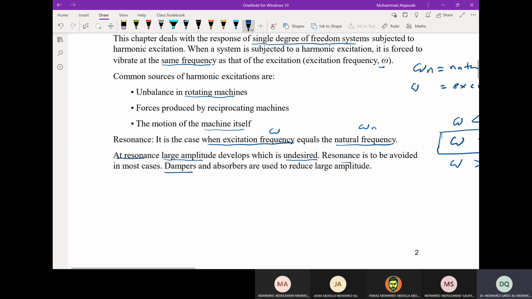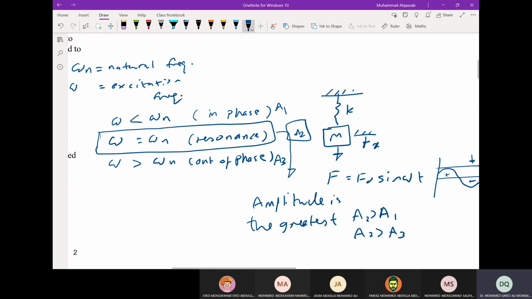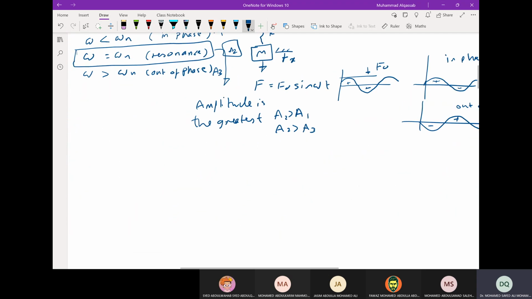The other solution to control the vibration amplitude at resonance is to use absorbers. An absorber is adding another system. So the solution for resonance is to have a spring and damper calculated correctly, so that you reduce the amplitude of vibration.